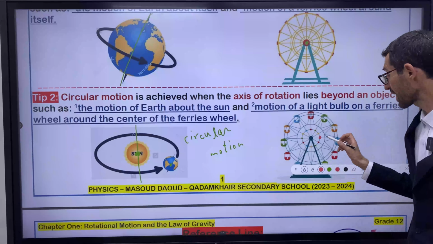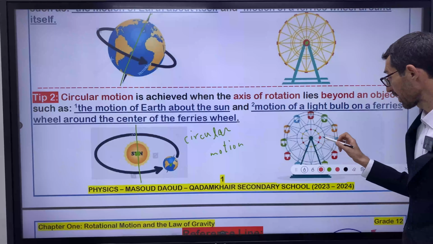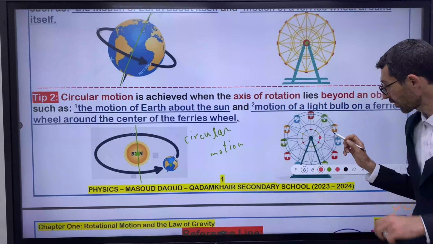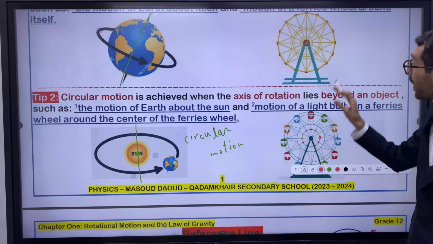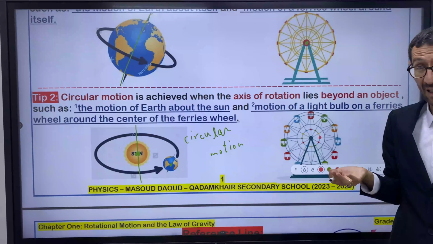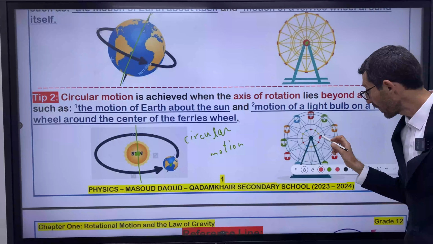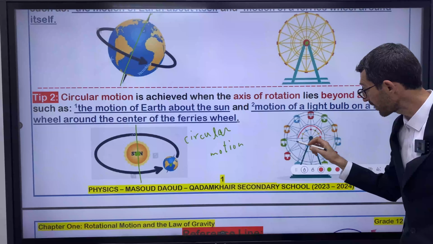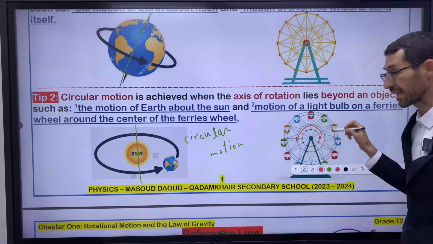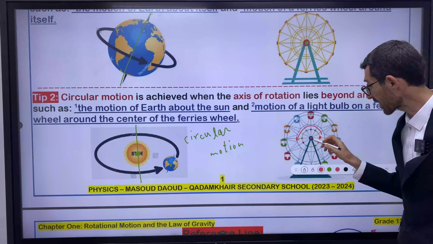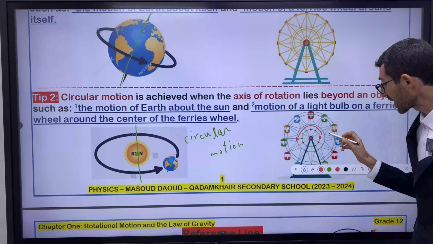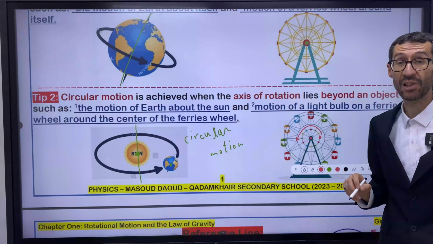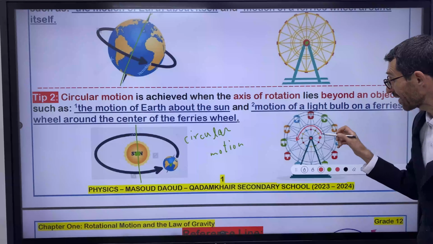You want to study the motion of this point, right? You focus on one point on a Ferris wheel, not the entire Ferris wheel. When you focus on this, you observe that this point circles the axis of rotation, it does not rotate. I said circle. It circles the axis of rotation.